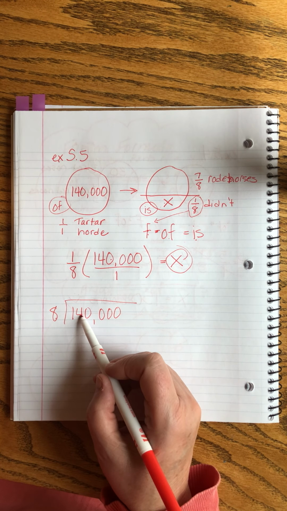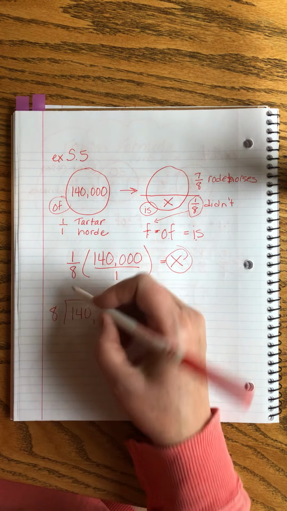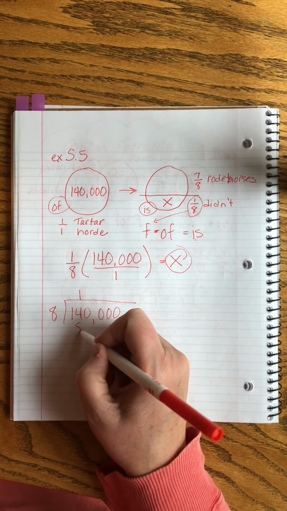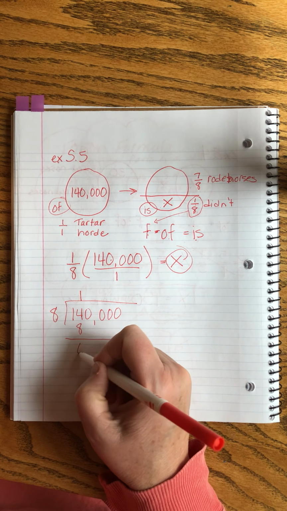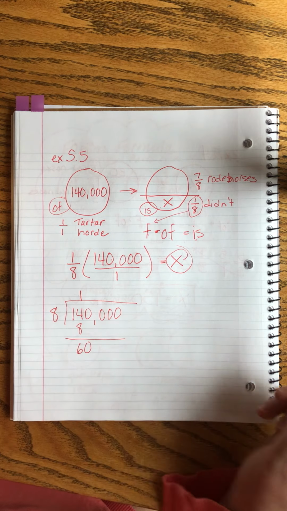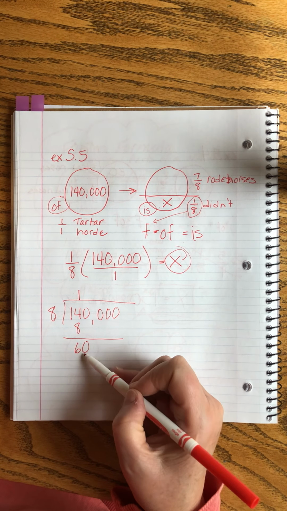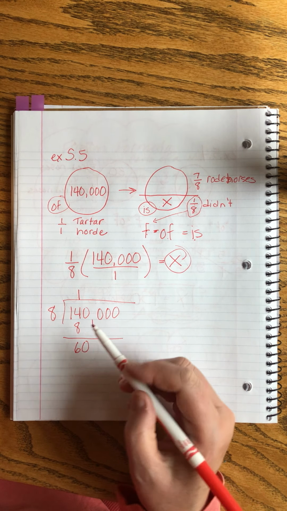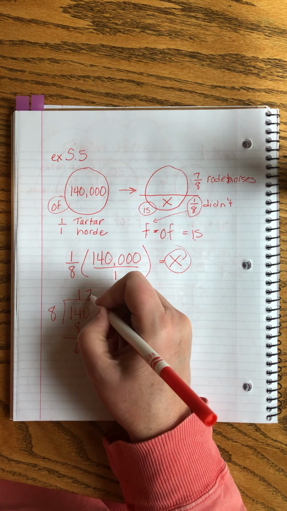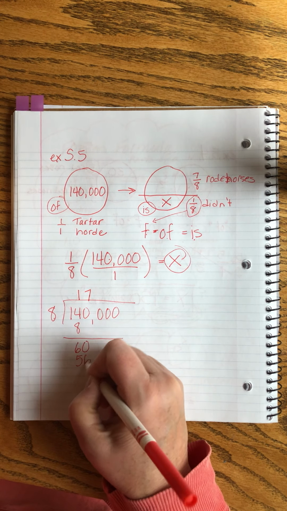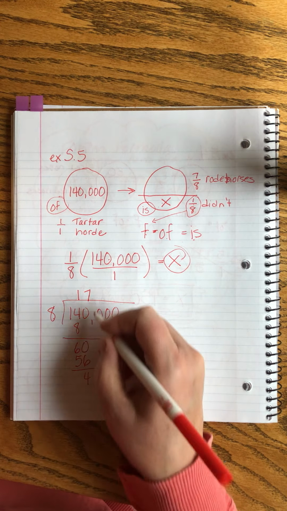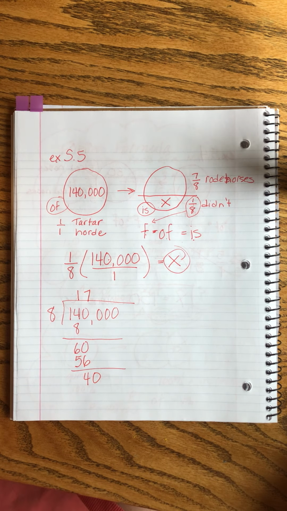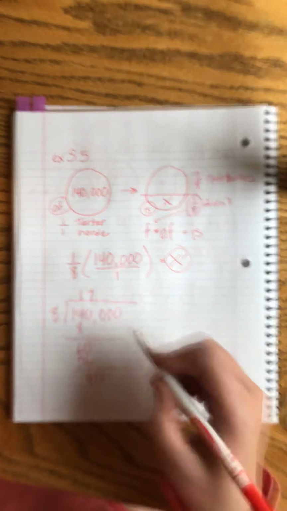8 into 14, it doesn't go twice, so it's only once. We write down an 8, we subtract, we get a 6, and I bring down a 0. Okay, 8 times 8 is 64. I know that, so that's too big. So it's looking like 8 times 7. 56, we subtract and we get a 4. Bring down another 0. Okay, now I'm happy because 8 goes into 40 evenly.